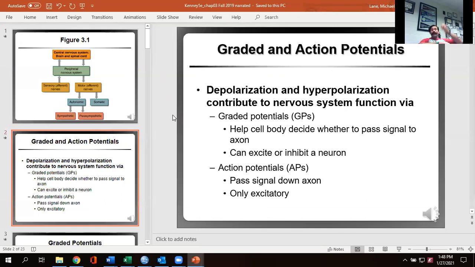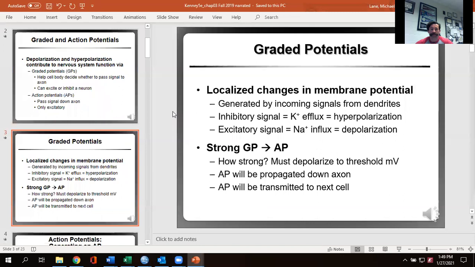But if I took the pen side down and went wham hard into my arm, that would send a big enough potential that we generate that action potential. And that's where we have that signal going through the rest of the body. That is only excitatory because it makes sure the rest of that channel effectively fires.